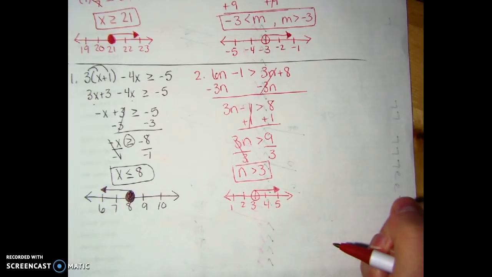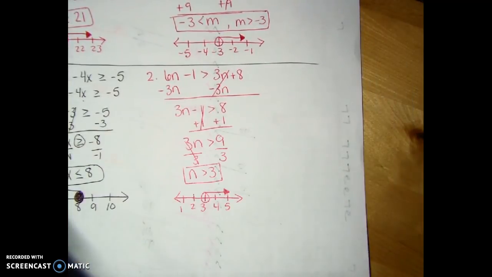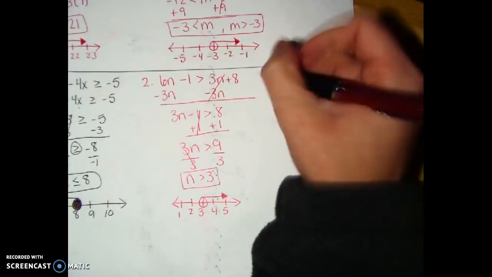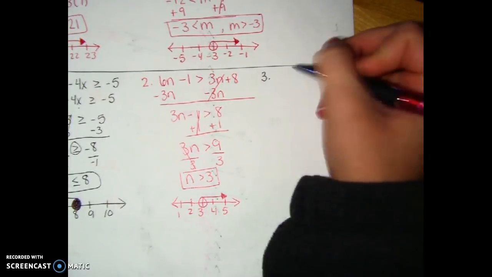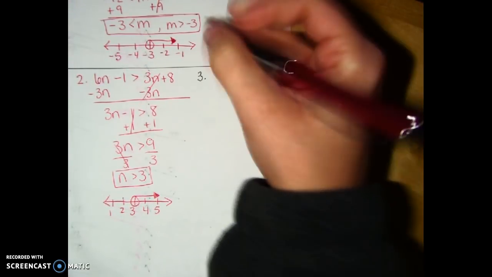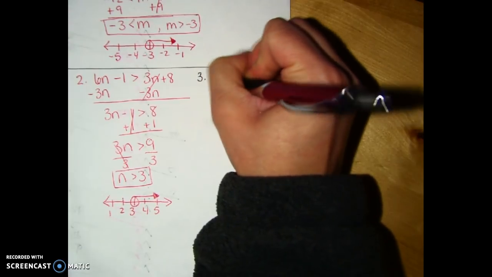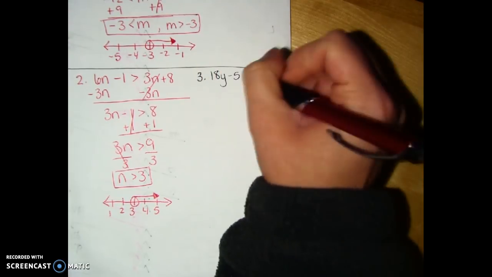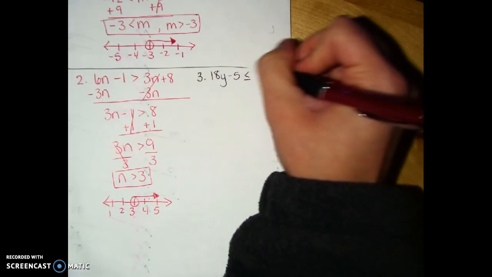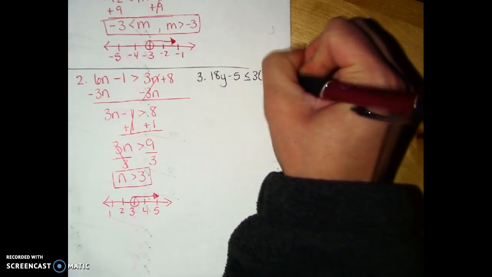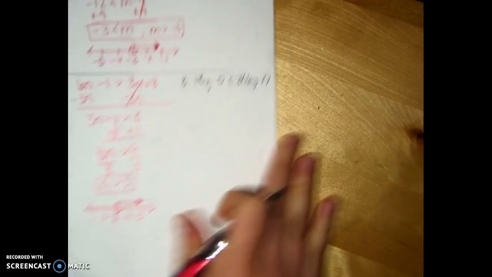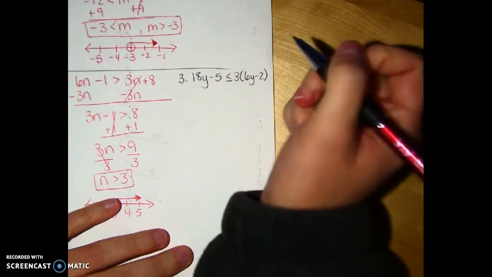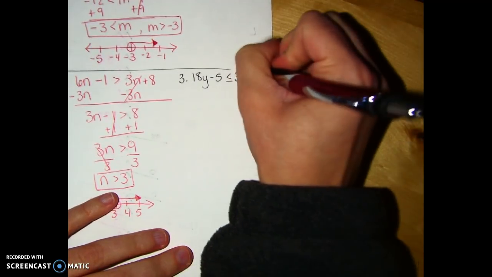Okay, let's do number 3. This one is a special case, and that'll make more sense once you see the final of it. Let's do 18y minus 5 is less than or equal to 3 times 6y minus 2. On this one, you know you need to distribute that 3.